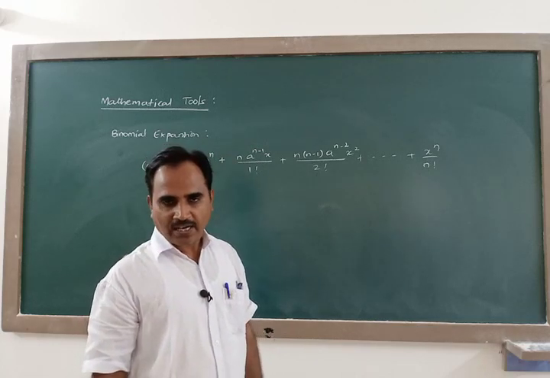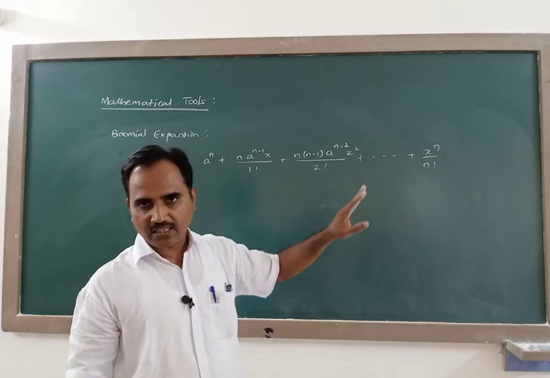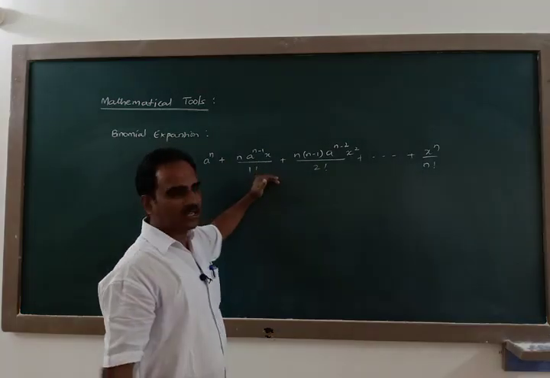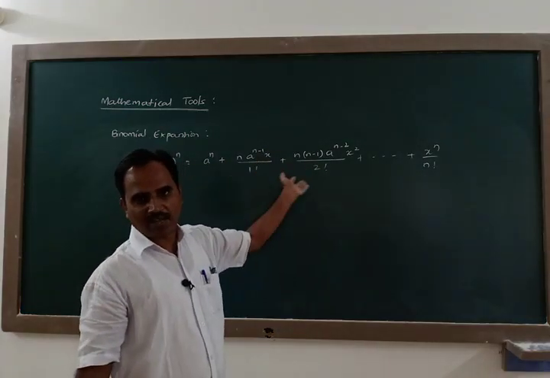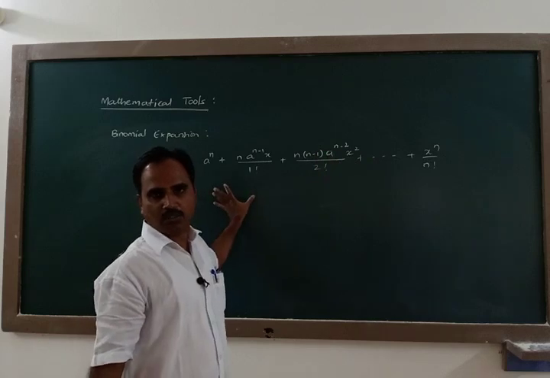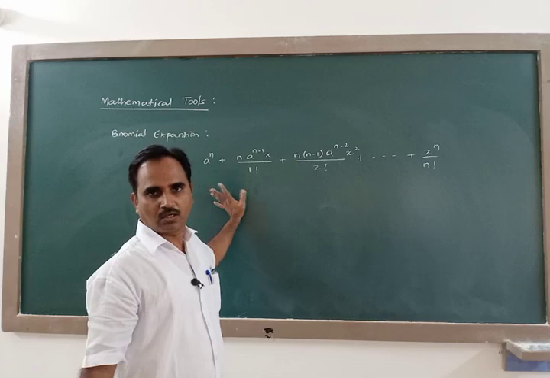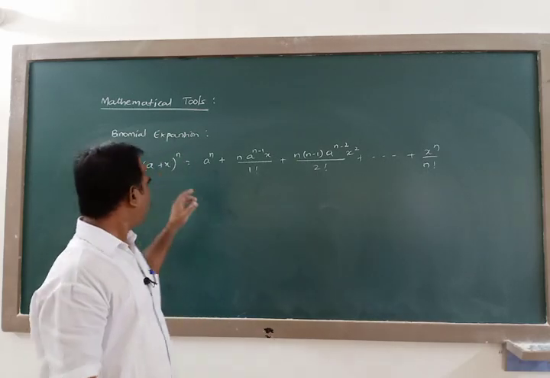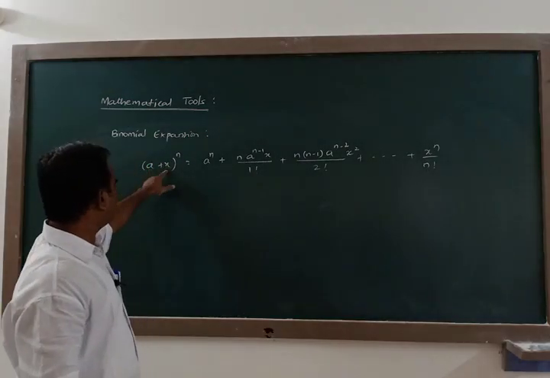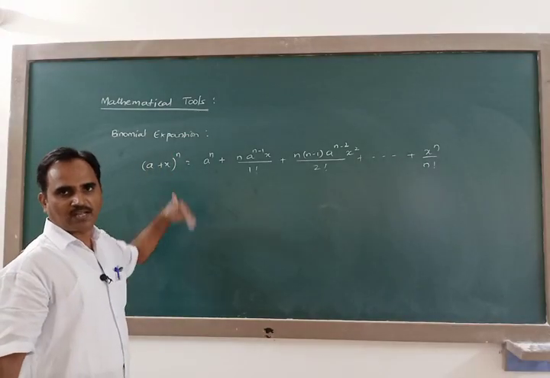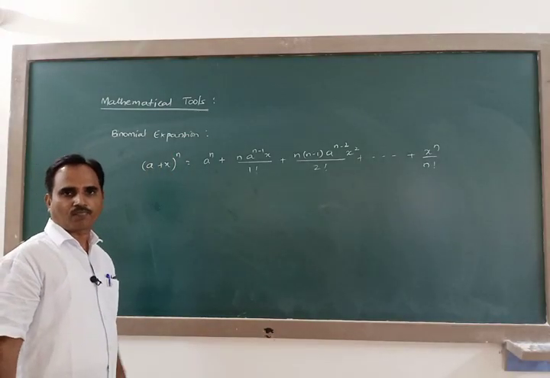So in any binomial expansion, we never take n terms like this. We take the first 2 or 3 terms and neglect the other terms because their value is quite small compared to the first 2 terms. Understand? So whenever 2 terms are raised to some arbitrary power, we use this binomial expansion.